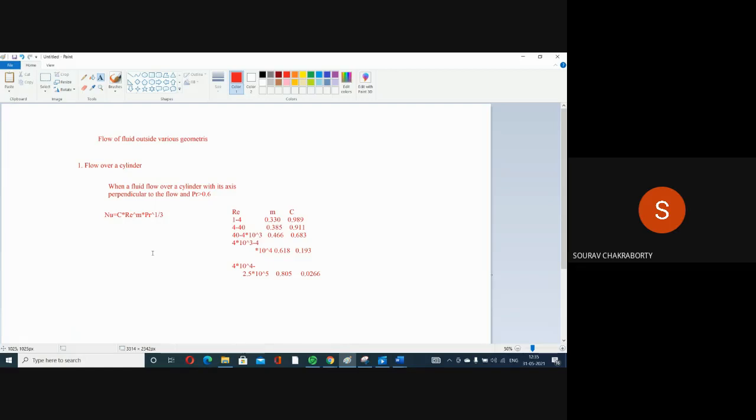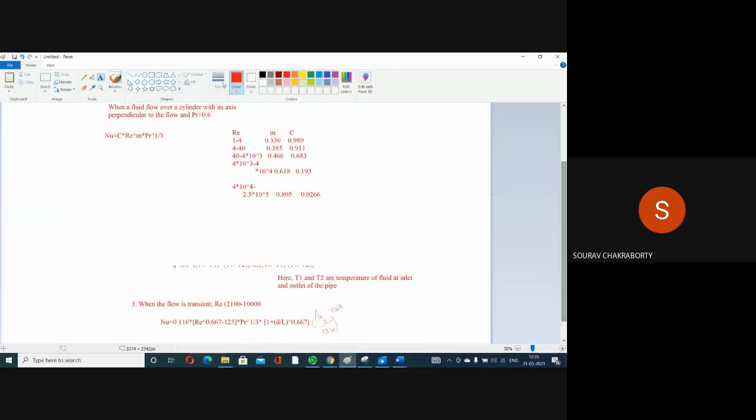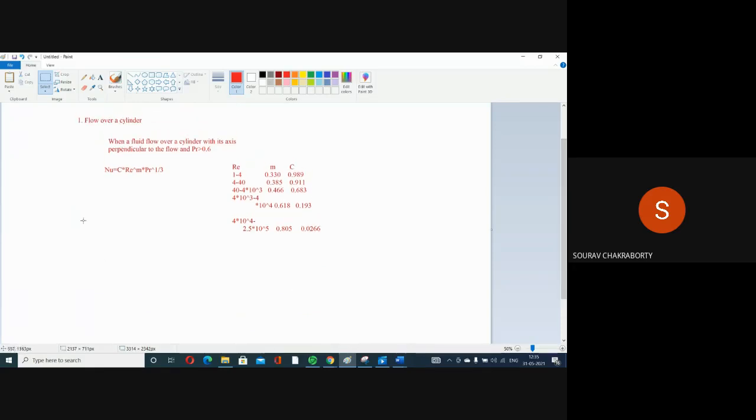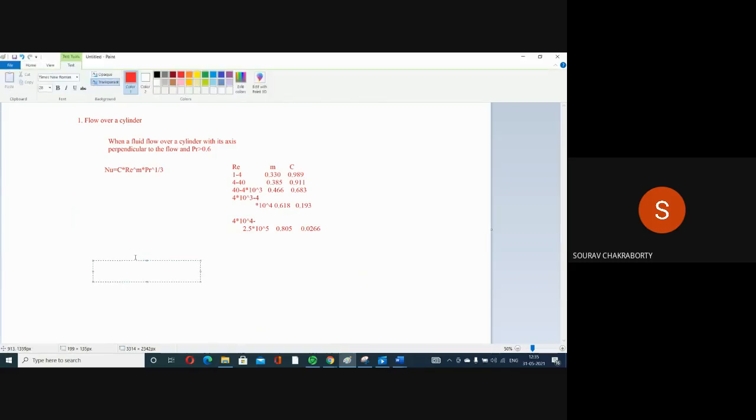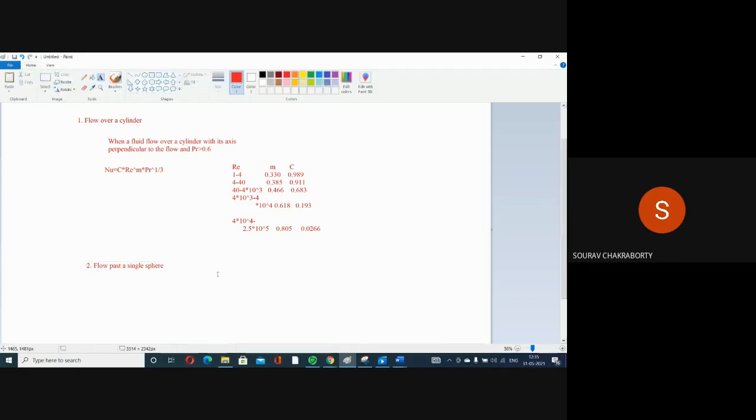Next, if we have a flow past a single sphere, in that case, what will be the condition?